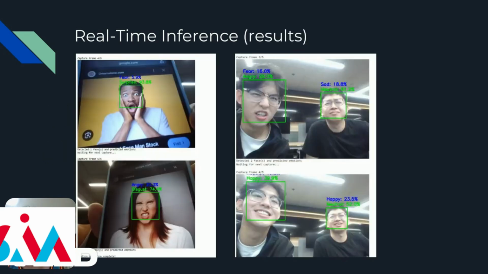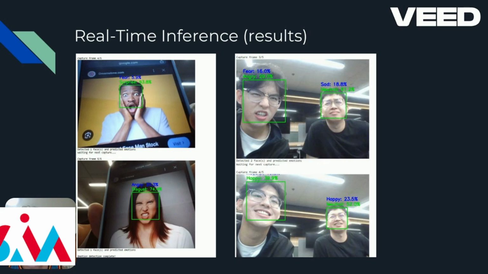Regarding the output, these are some samples of the output made by the model in classifying the different facial expressions. As you can see over here, there are different faces shown, and the results predicted by the model are also different. In each of the faces, there are two different emotions being predicted, accompanied by their confidence percentage.